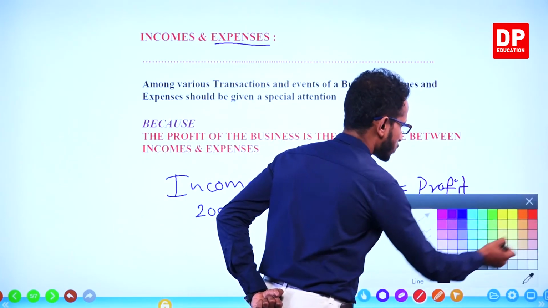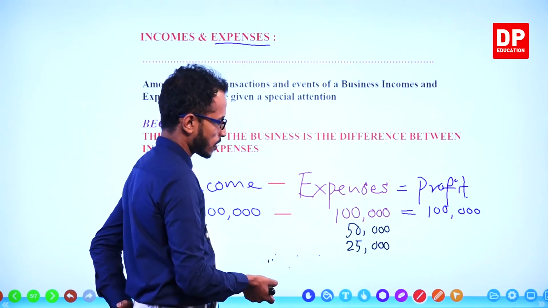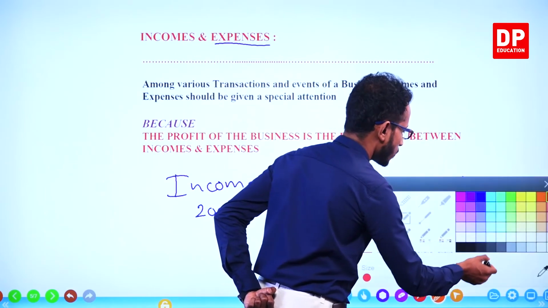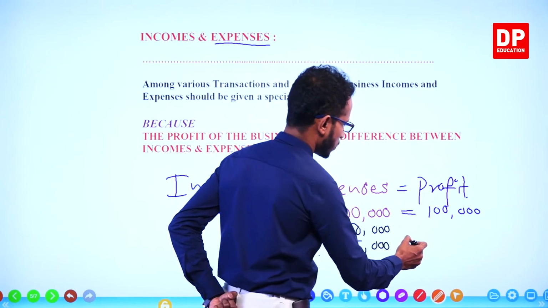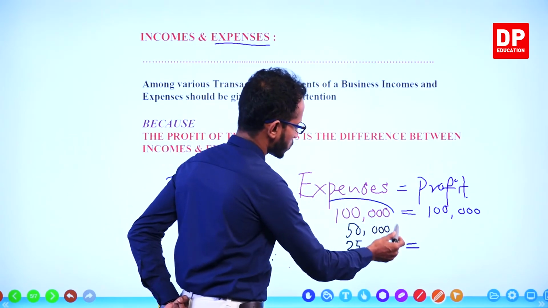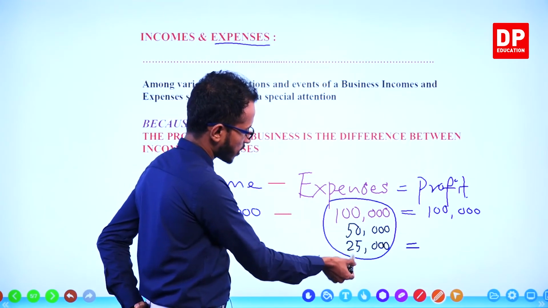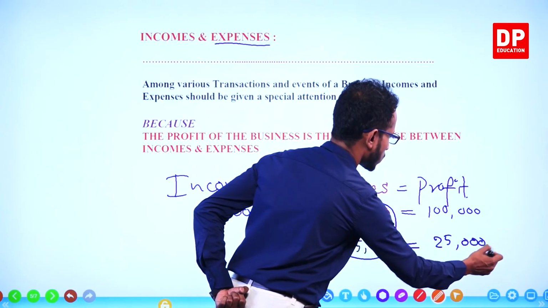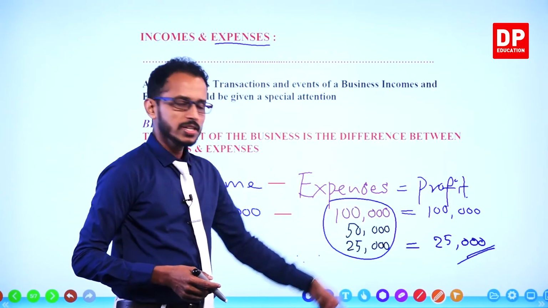Now if you minus 175,000 from the income, the profit has decreased. Of course the profit has decreased. See, now the profit is, if you minus the total expenses, 200,000 minus 175,000, you have only 25,000 left. Hasn't the profit decreased?